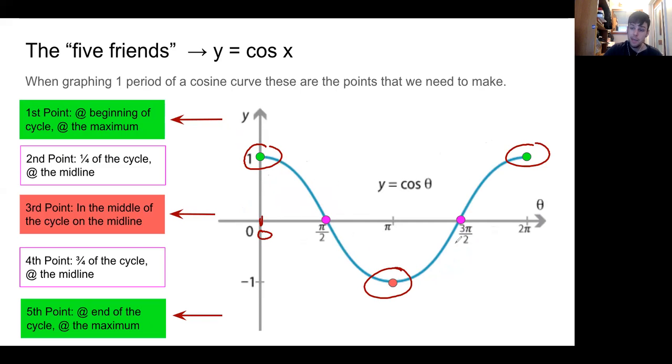And our ending point is usually at 2 pi, but if we change the period, or if we shift it left or right, that will change as well. That's also at our maximum. The 5th point is at our maximum. And in the middle, at the very center of our cycle, is the minimum value. Okay, and then from there, we have our 1/4 point, which is on the midline, and our 3/4 point, which is also on the midline.